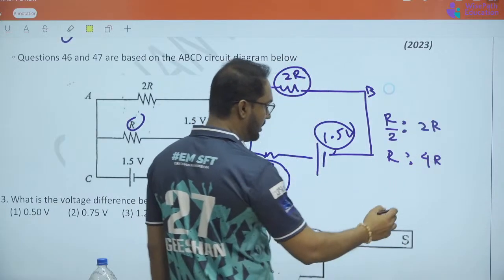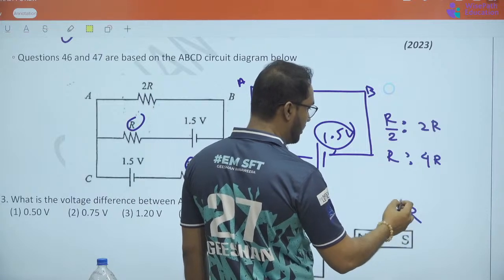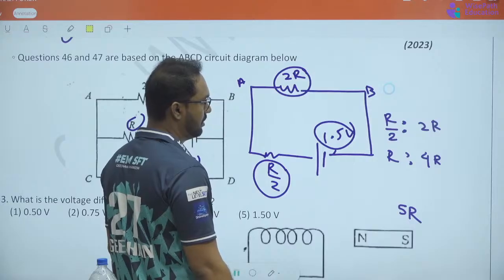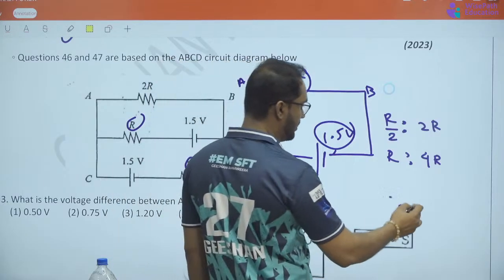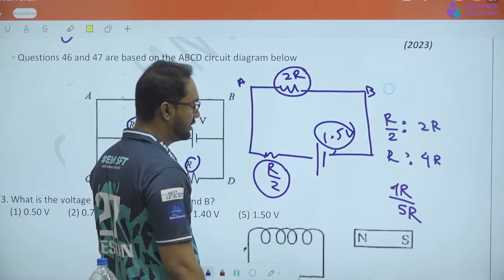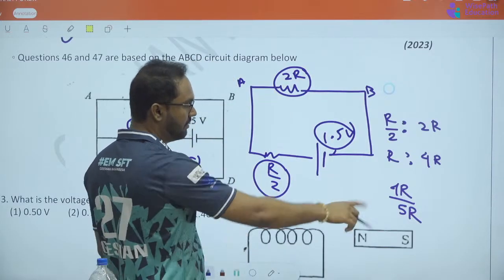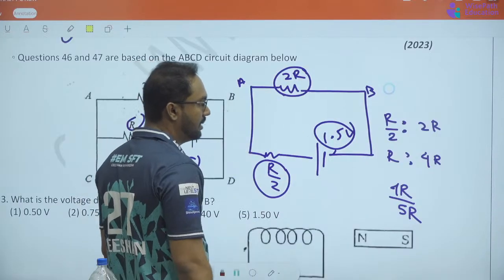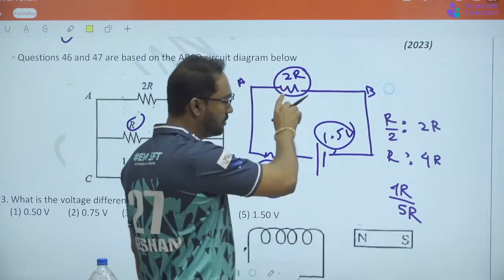So it's 5R over 4R. So 4R is basically this one. This has the higher resistance compared to this one, right? 5R over 4R is there in 2R.